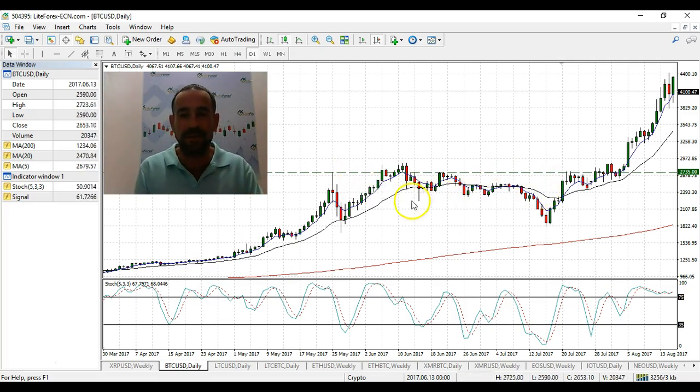So you can see here it's not a big move to 27.35 from roughly 22.30. We're talking about 500 points.